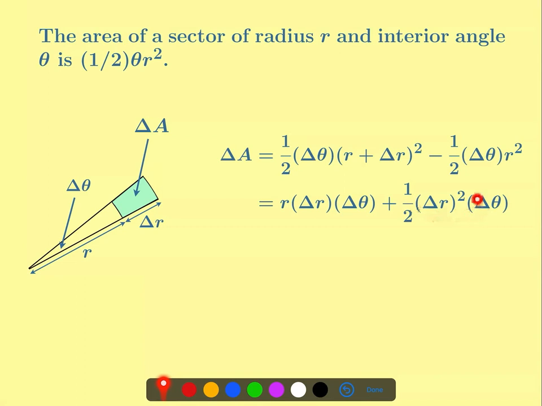So this is going to be a lot smaller than this. So as delta r and delta theta get smaller and smaller, this becomes smaller quicker. So this is approximately just the first part, the r delta r delta theta. And as delta r and delta theta get smaller and smaller, this is going to be a better and better approximation for what delta A is. So we want to think of delta A then as being r delta r delta theta.